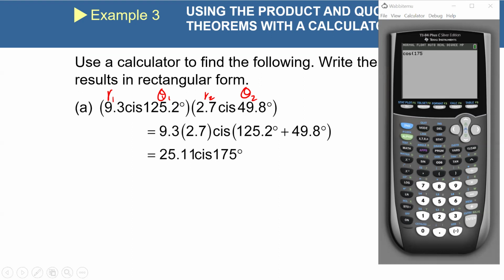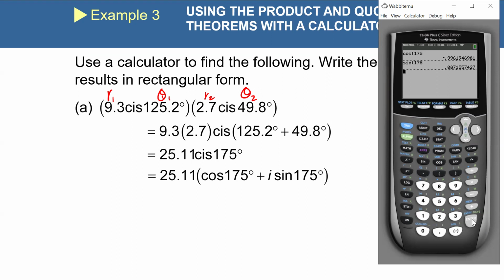Hit enter. And then I'm gonna find my sine of 175. I'm gonna make it round to the 3. So I'm gonna go back to float. Oh, I really need a mouse up here.